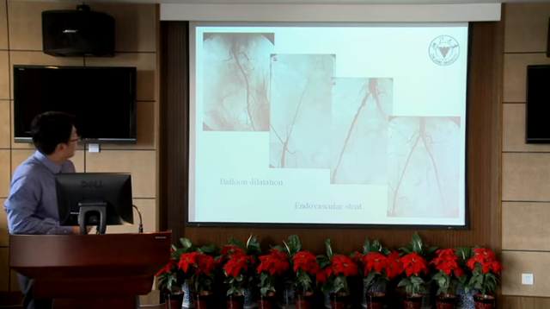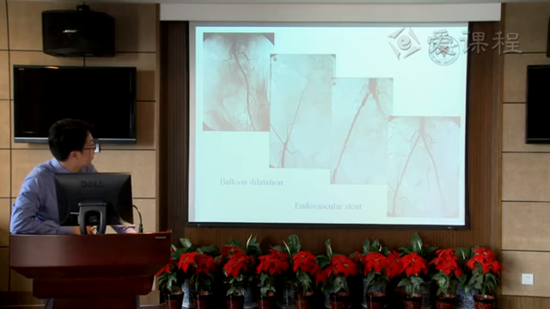At first the guide wire passes through the occluded segment, then balloon dilation. The balloon dilates the occluded segment, then the stent is implanted. At last, DSA showed the iliac artery was open.